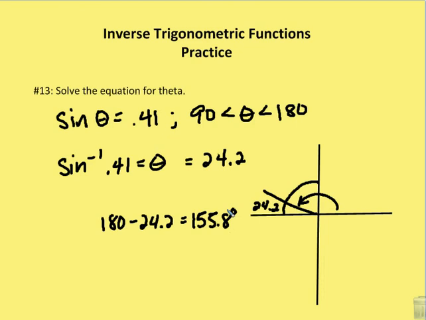So just as an experiment, we type in then sine of 155.8 degrees, and we should get an answer that is approximately 0.41. So sine of 155.8 is equal to approximately 0.41.